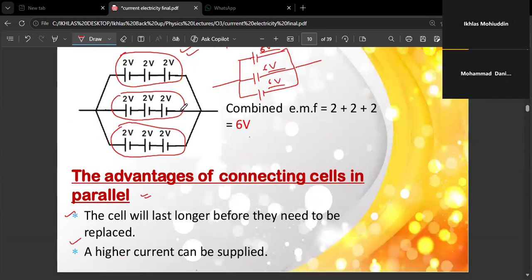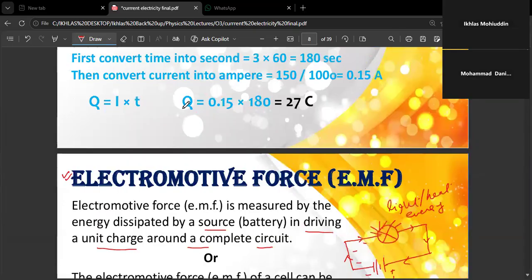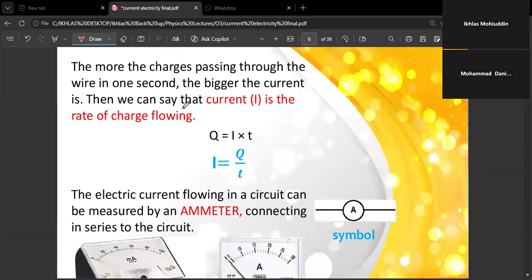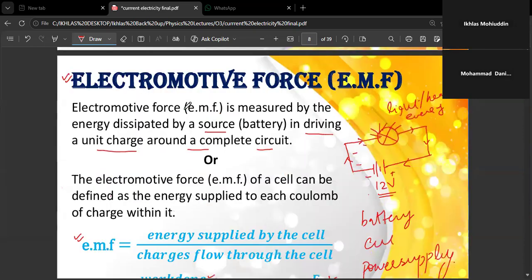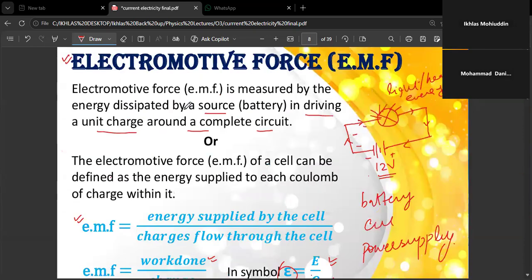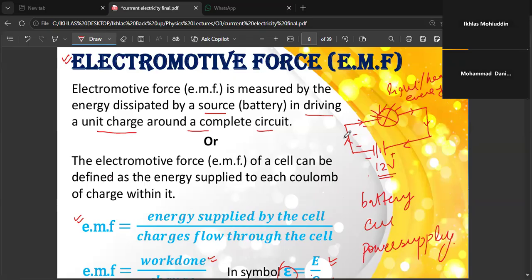So first you must copy these slides. Copy it, please. And basically, how we can define it in terms of the battery. We also learned about voltage as well, and how to calculate voltage in series or parallel circuits.